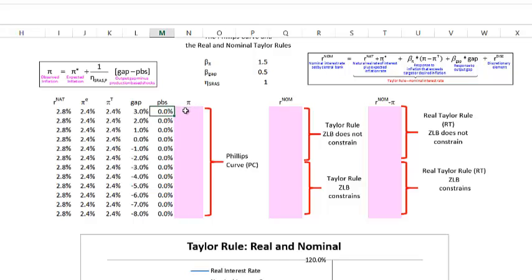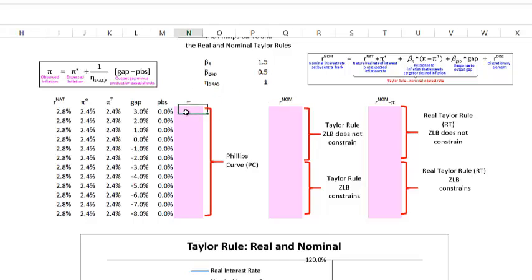Okay? So now it's very fortunate that we have our cheat sheet here. I must mention also that we have a key parameter here. This is the elasticity of aggregate supply in the short run with respect to the price level, and we're just going to assume that's equal to 1.